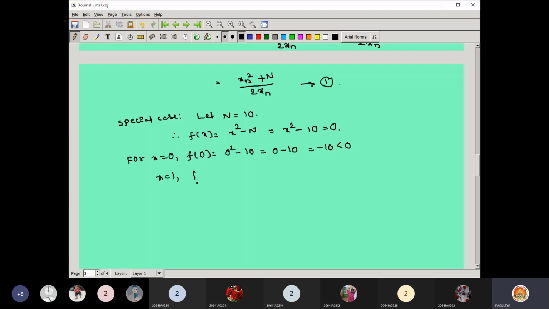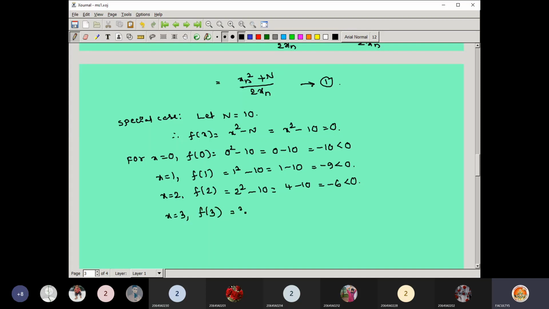Similarly x equal to 1, f of 1 is 1 square minus 10, 1 minus 10, you are getting minus 9, that is also less than 0. x equal to 2, f of 2 is 2 square minus 10, which is 4 minus 10, you are getting minus 6, that is also less than 0. x equal to 3, f of 3 is 3 square minus 10, which is 9 minus 10, this is minus 1, again less than 0.